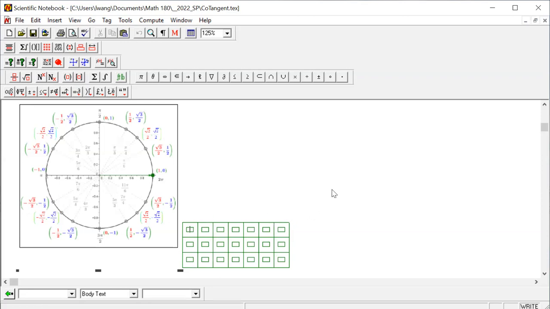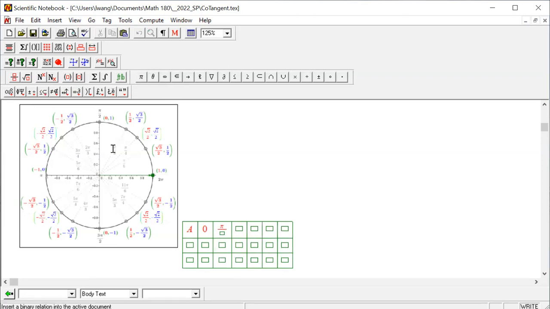The angles are going to be the special angles. The first one will be 0. When the angle is 0, 0 should be placed here. And the next special angle, of course, is pi over 6. We're pretty familiar with these drills. We're going to do quadrant by quadrant.